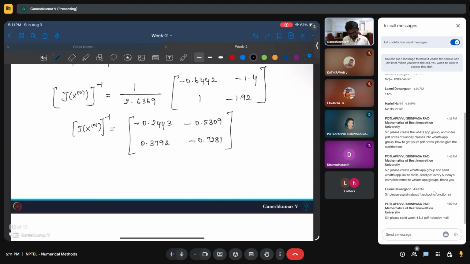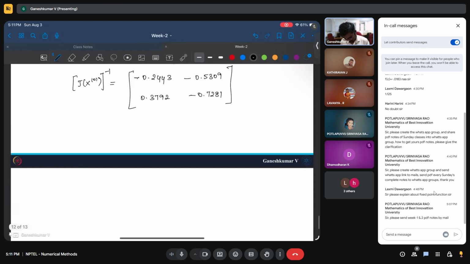So now we need to substitute in the n plus 1. So n is 1 here, right? So x for the first iteration is going to be, for this you make it n0, but it is the first iteration.